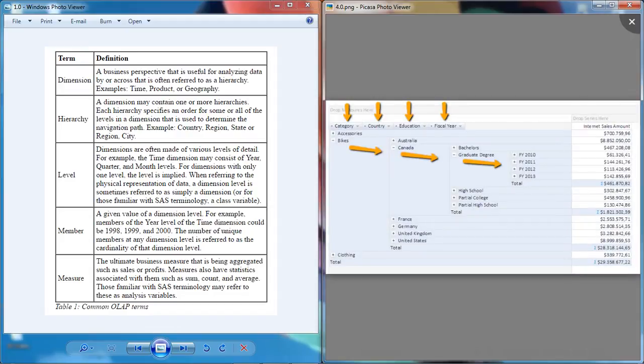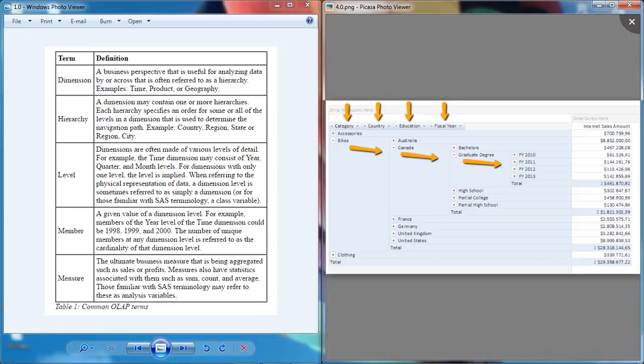Now, as I said, categories. For example, levels. There is a level like bikes, from that category was bikes. From which country? That was Canada. Education for bike riders is graduate degree. And last, the fiscal year, or the present year, which takes into profit.